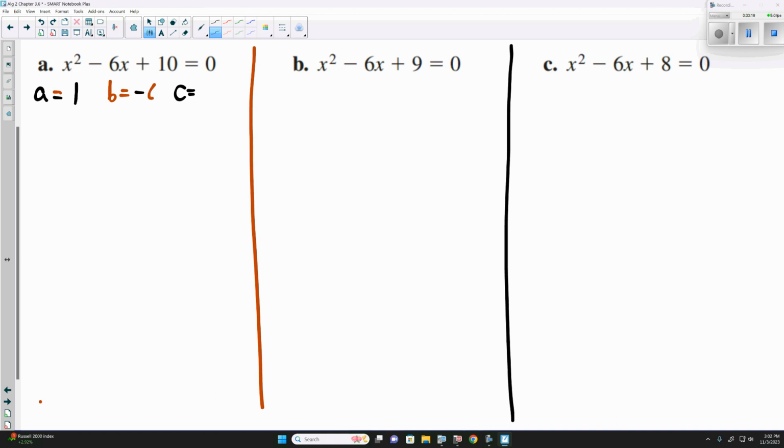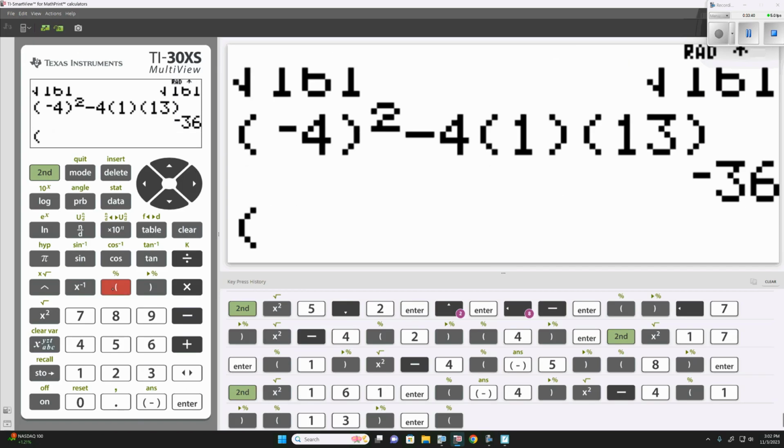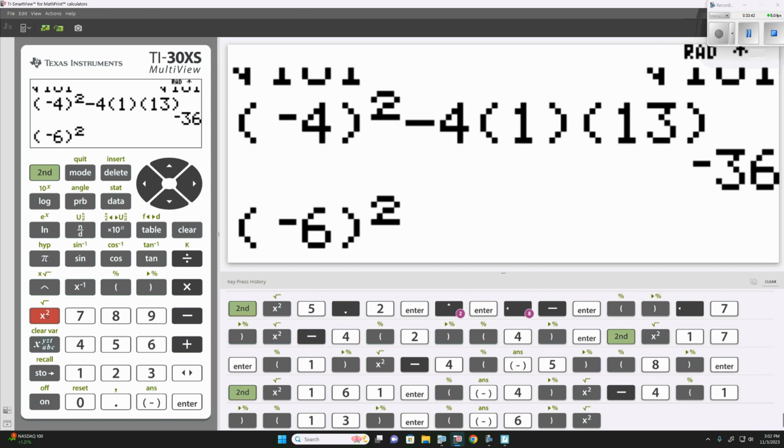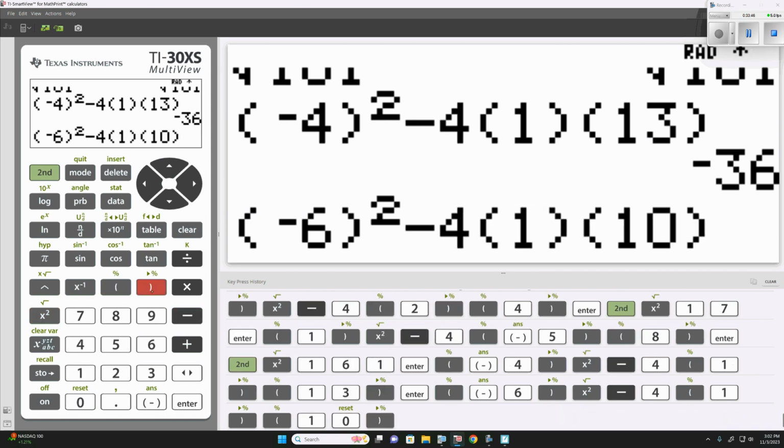What is the value of A, B, C? We're wanting to find the value of the discriminant, b squared minus 4ac. That is what we're trying to find, so we'll plug it in. Negative 6 squared minus 4 times 1 times 10.